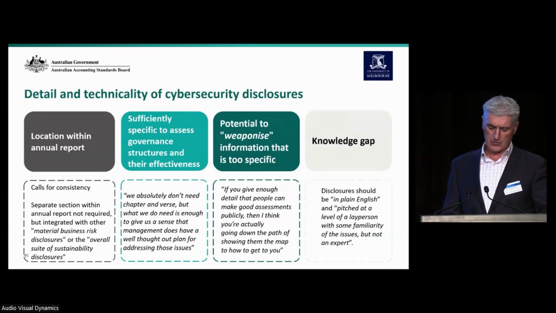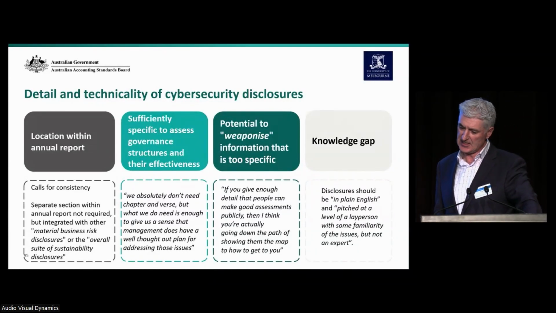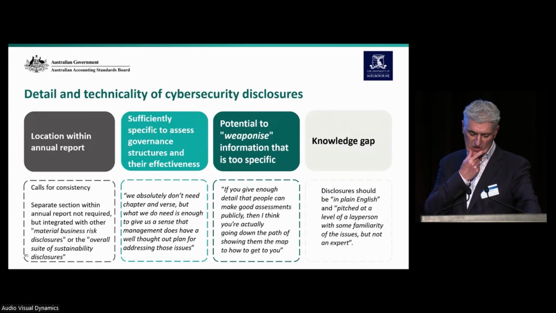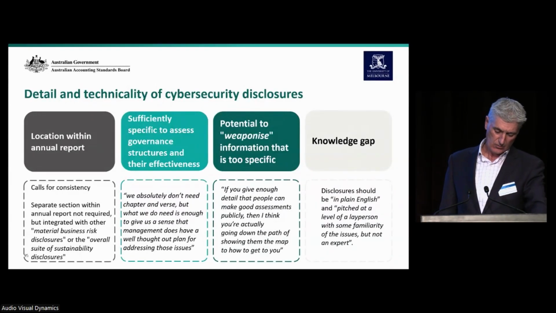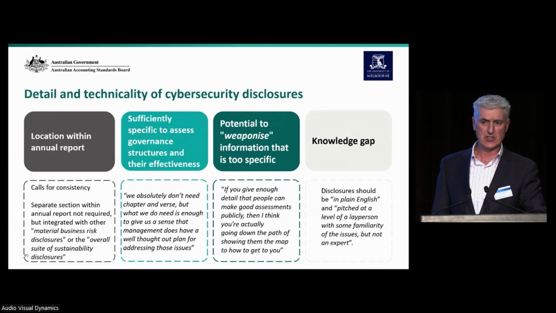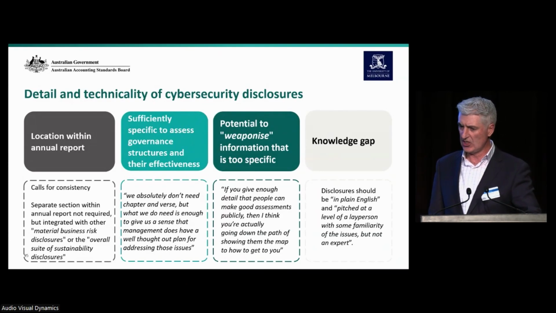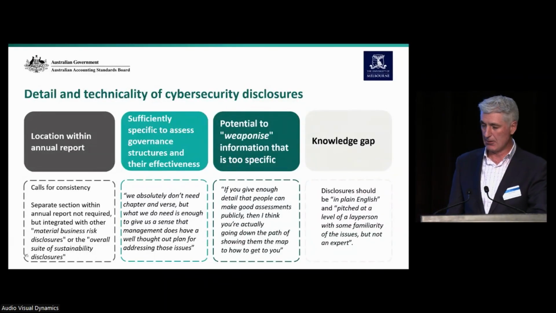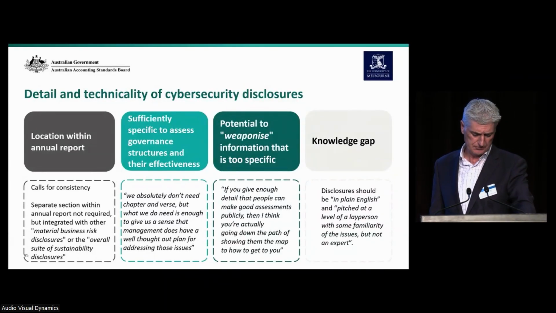We then spoke to the interview participants about the location detail and the technicality of cybersecurity disclosures, and they made the following key observations. Regarding the location within the annual report, investors called for consistency to aid in information processing. And given the pervasiveness of cyber risk for all organisations, investors generally called for the information to be provided in their material business risk disclosures.